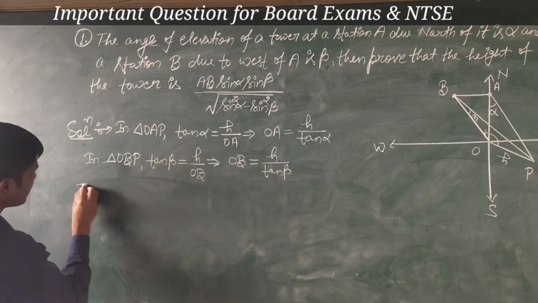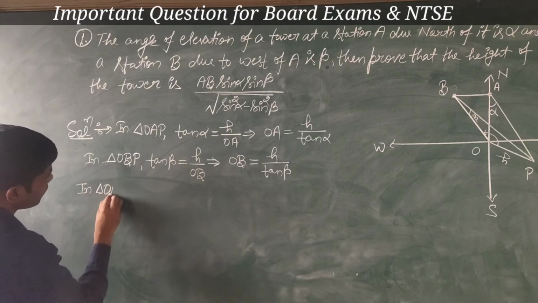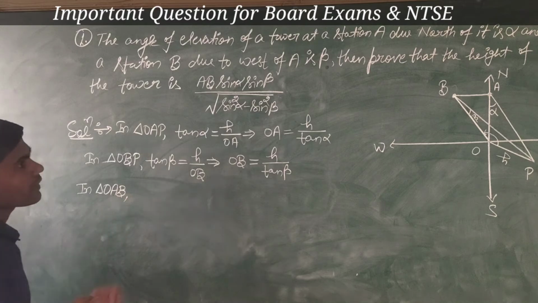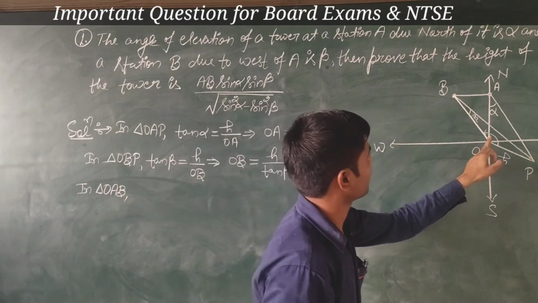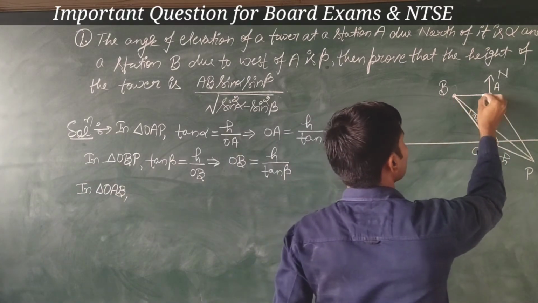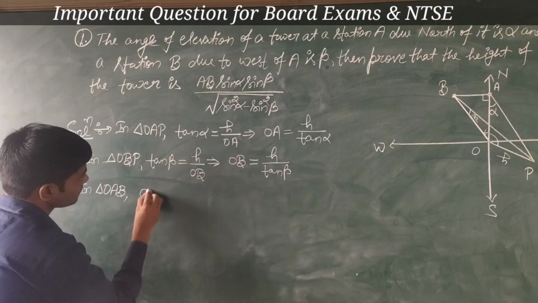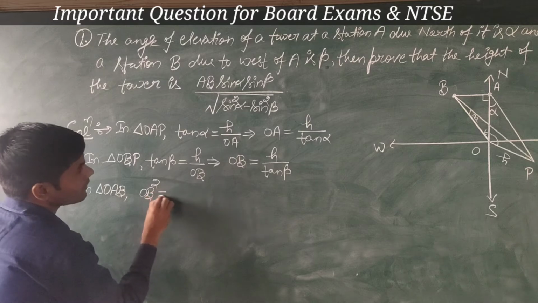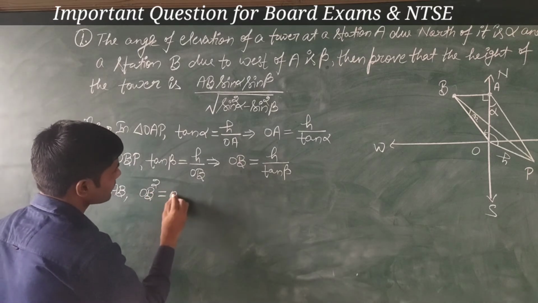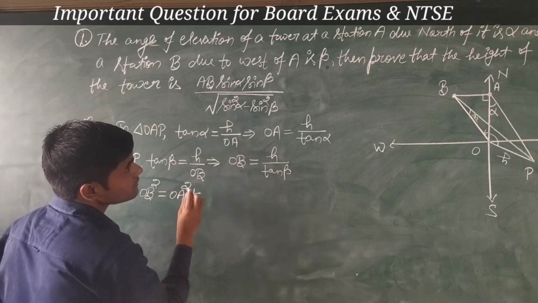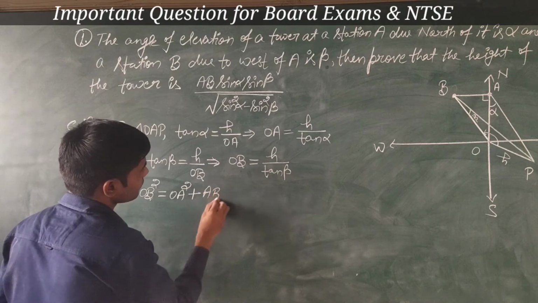Now in triangle OAB, which is also a right angle triangle, right angled at A, we can use OB square is equal to OA square plus AB square.